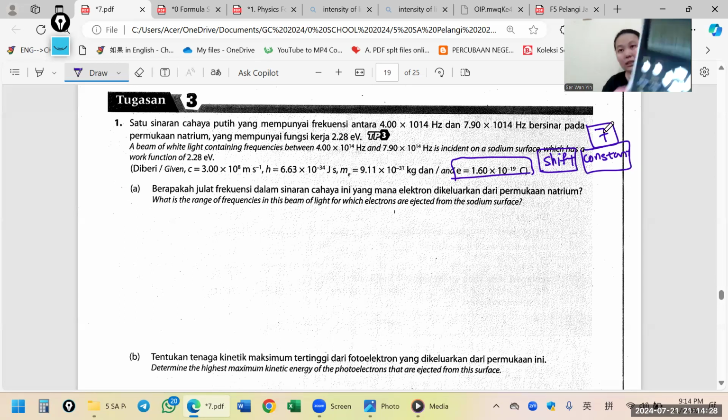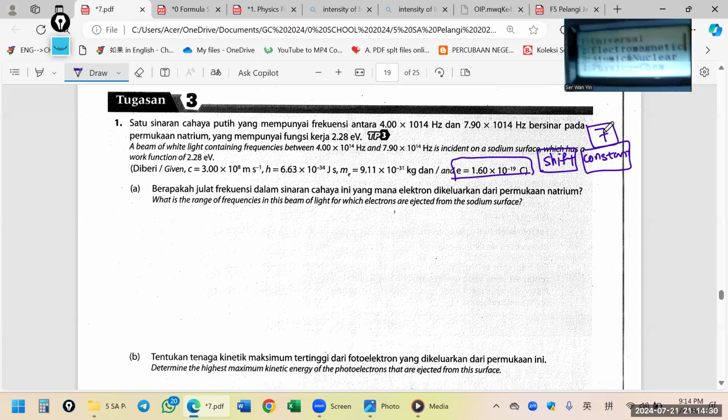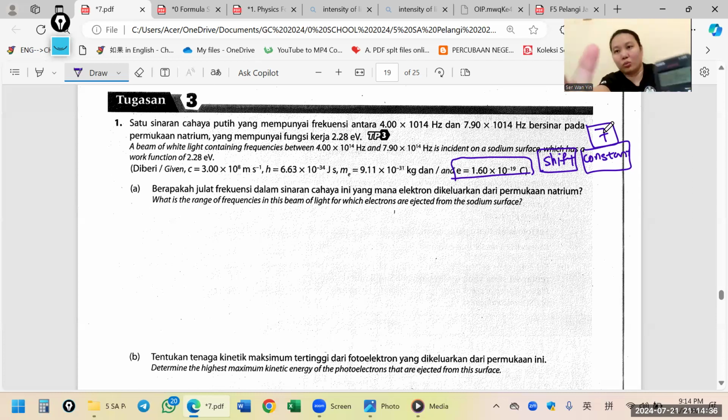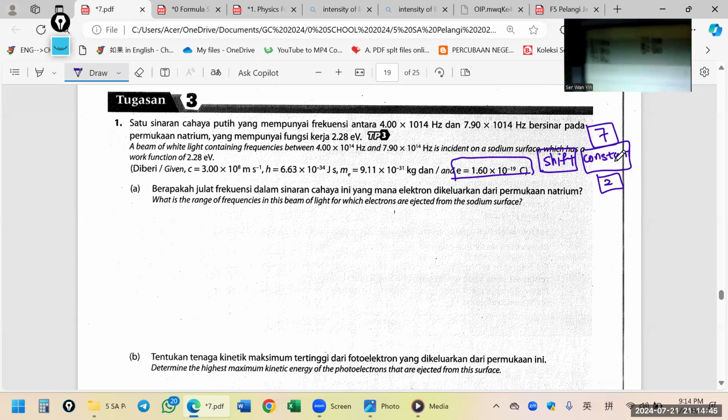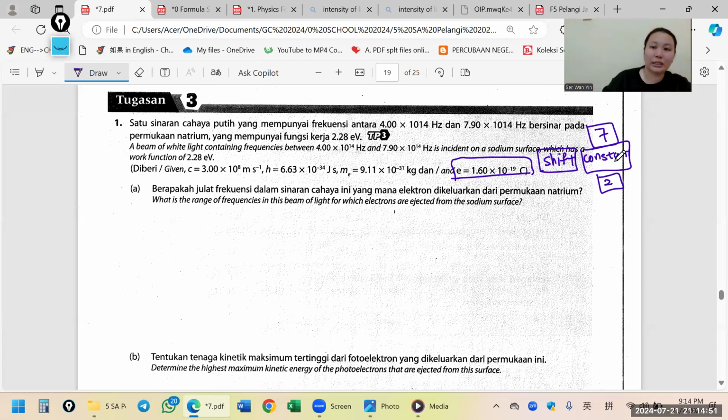Then you will see universal, electromagnetic, atomic nuclear. Press number 2, electromagnetic. Then number 3, e.